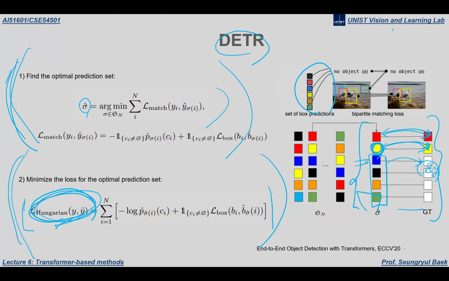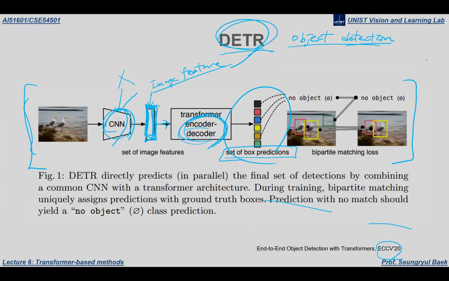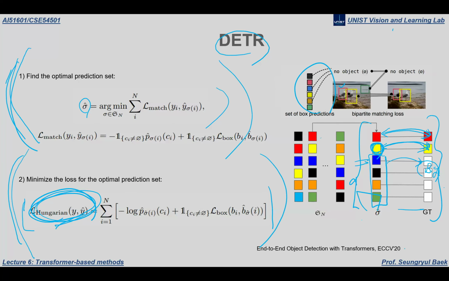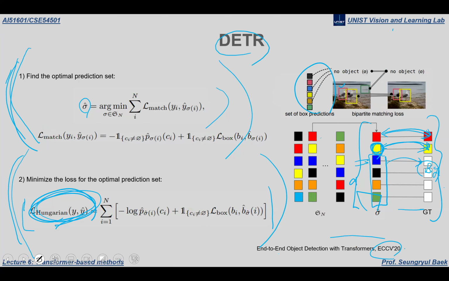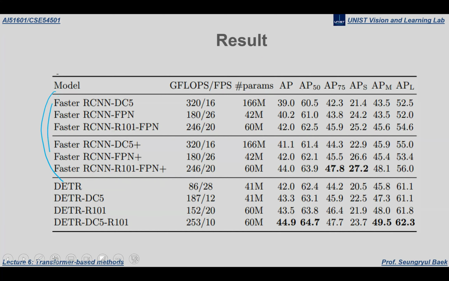So this is the DETR algorithm. We already have seen the Fast RCNN architecture, which is the extension of the regional CNN algorithm, right? Before this DETR algorithm, proposed in 2020, Fast RCNN was the state-of-the-art algorithm for the object detection task.